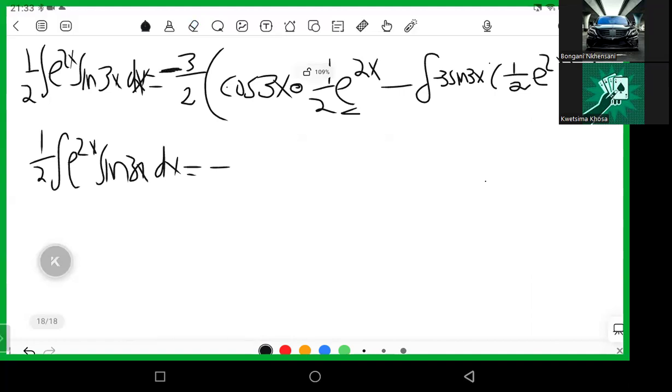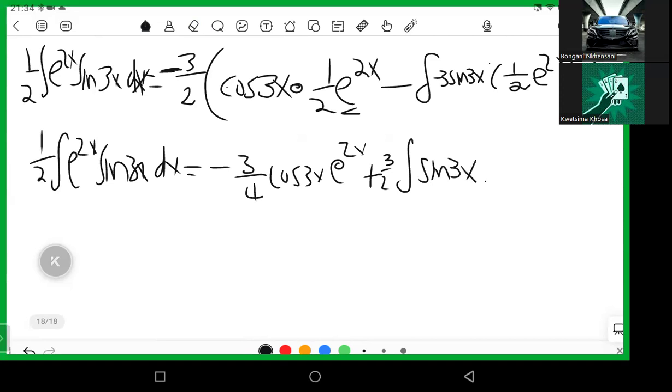We're going to get minus 3/4 cosine 3x e to the 2x plus the integral of 3/2 sine of 3x e to the 2x dx.